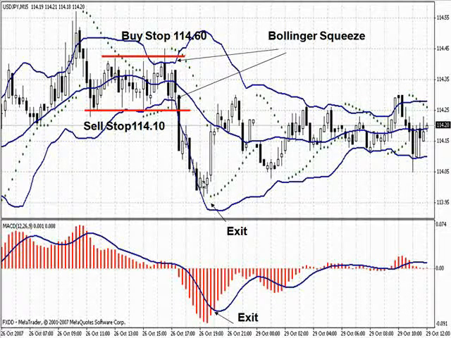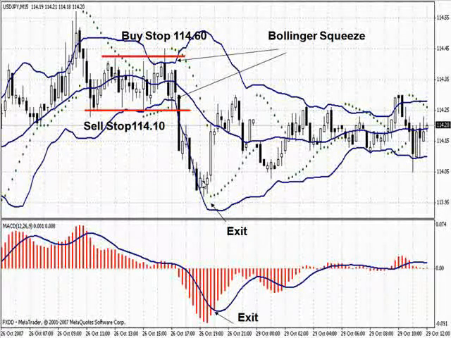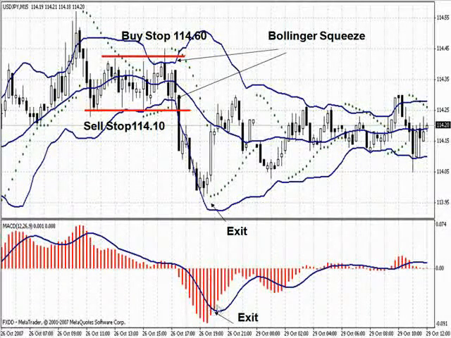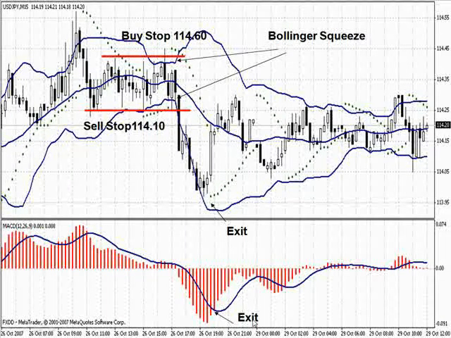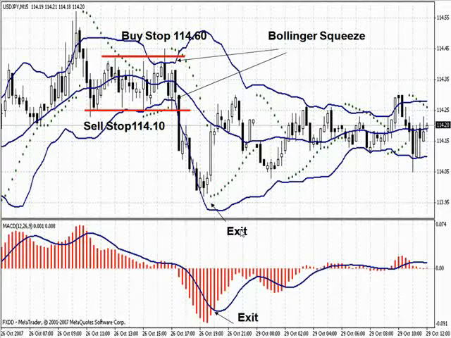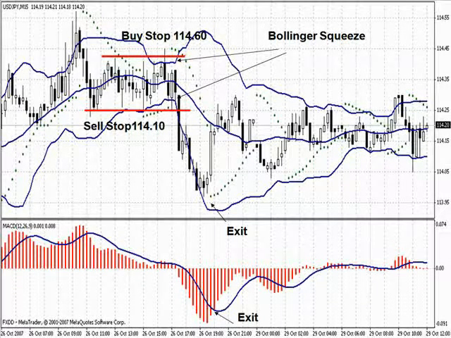Currency goes all the way down. Now you wait for the parabolic dot from above to go below and a MACD crossover at the bottom. At that point you will exit. So this is our pip explosive profit technique.